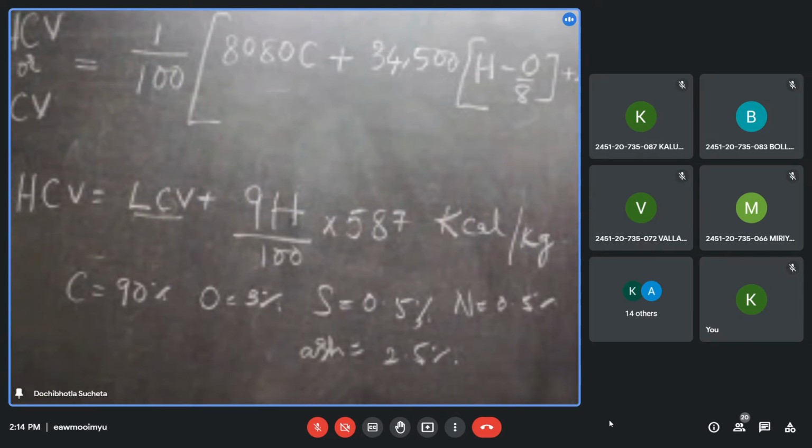Calorific value is measured experimentally using a calorimeter and theoretically using Dulong's formula. The formula you're seeing on the board is Dulong's formula, and yesterday we solved one or two numericals on it.